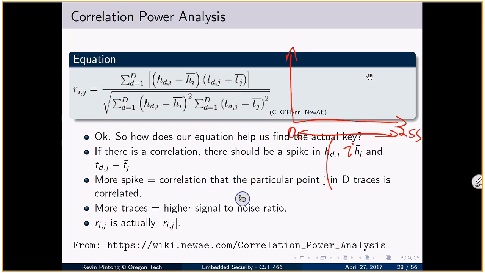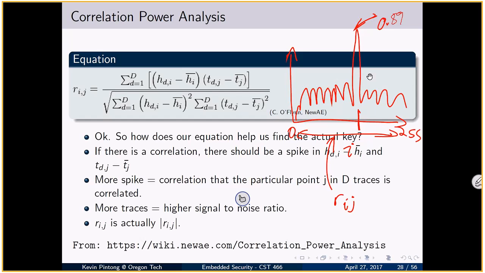You're plotting R sub ij for each I, and then you might get a peak at a certain I value, maybe 0.89, and that's where you know there is a correlation at key equals I equals, let's say, 128, and then you can take a guess that the key is 128.